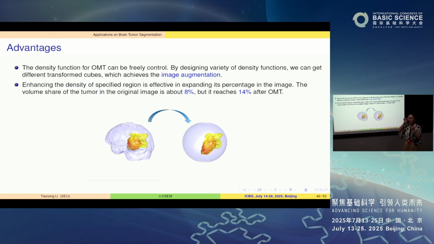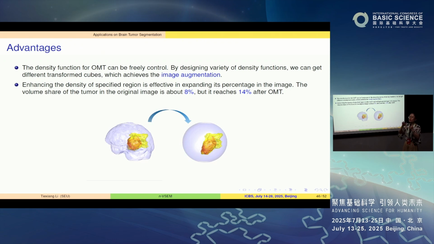When you set the density value, you don't know where the exact tumor is. You just know roughly where the tumor is, not exactly, so you need other information.